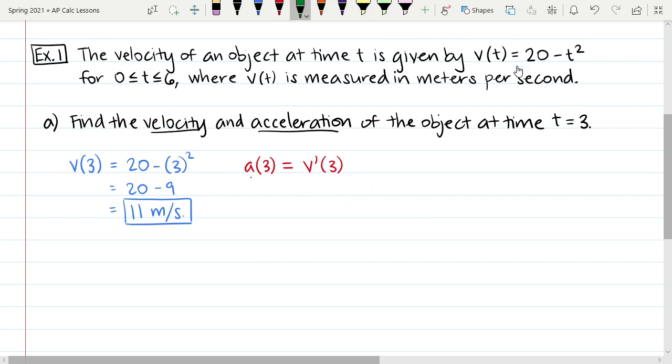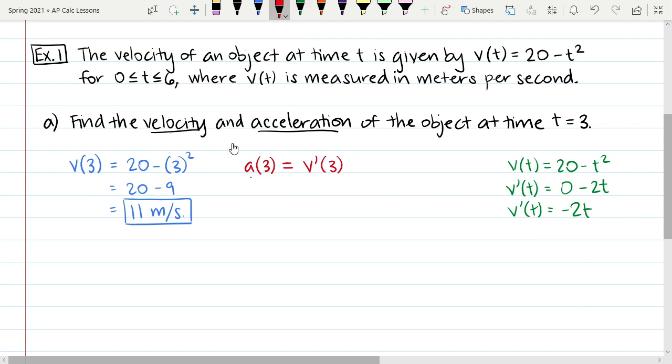So on the side, I'm going to work that out very quickly. Since v of t is 20 minus t squared, v prime of t is going to be, well, the derivative of 20 goes to 0, and the derivative of negative t squared becomes minus 2t. So v prime of t is just negative 2t.